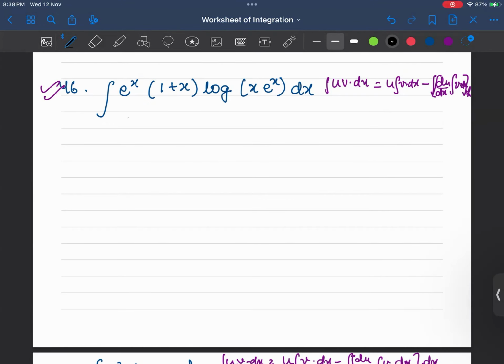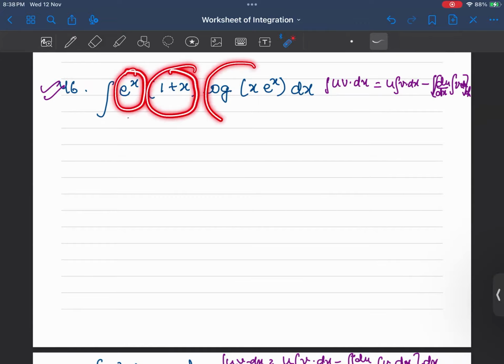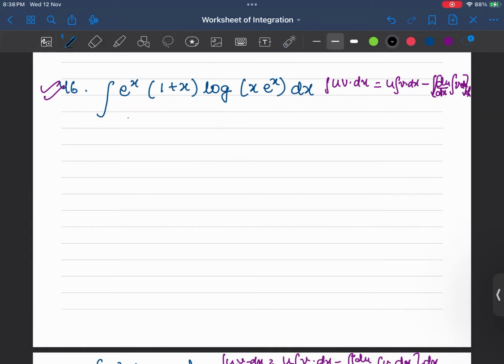In this question, we have three functions: one is e power x, another one is 1 plus x, and the other one is log x e power x. If you see it carefully, you will realize that if we keep u as x e power x and differentiate it, dy by dx, it would be a multiplication function.